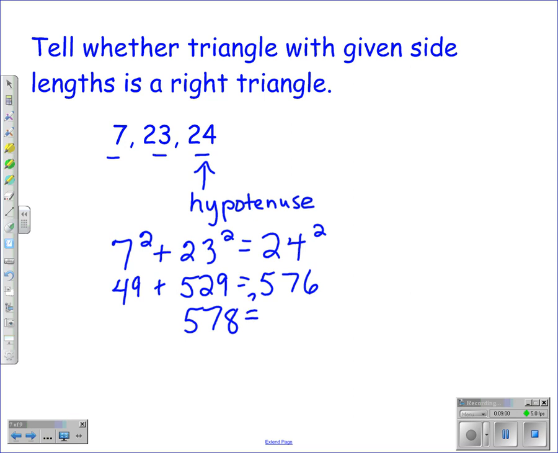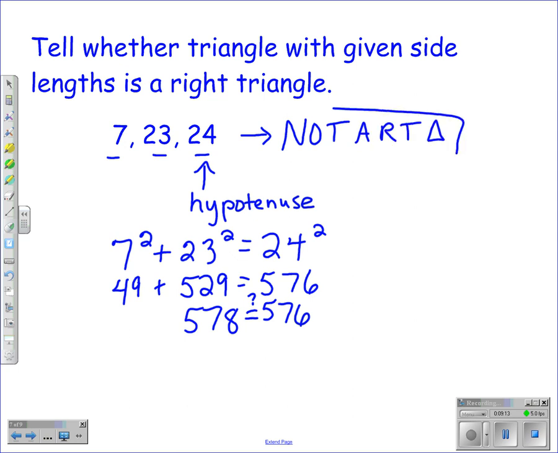Is this equal to 576? Absolutely not. So then we come up here and we say, not a right triangle. Okay, this is not a right triangle. Why? Because a squared plus b squared does not equal c squared. If you had a true statement, then it would be a right triangle.